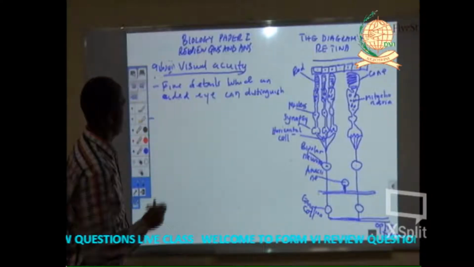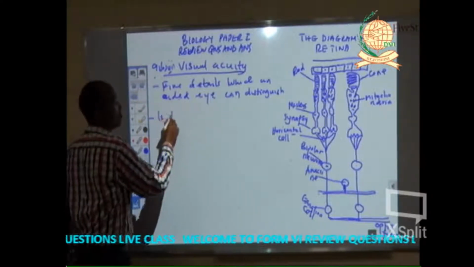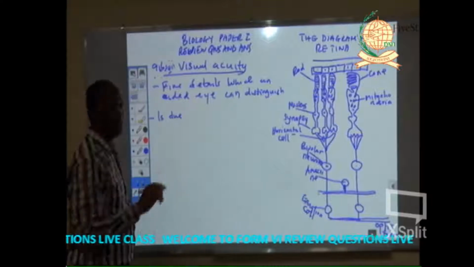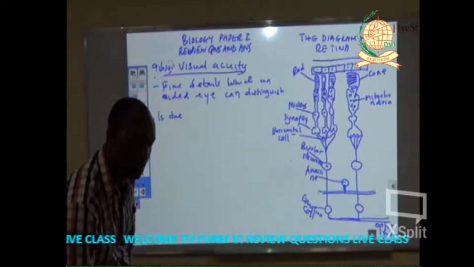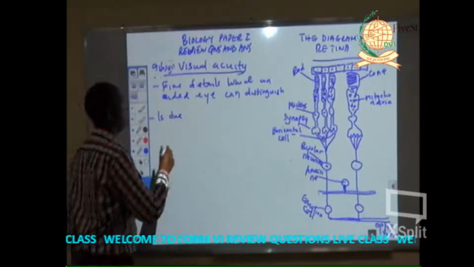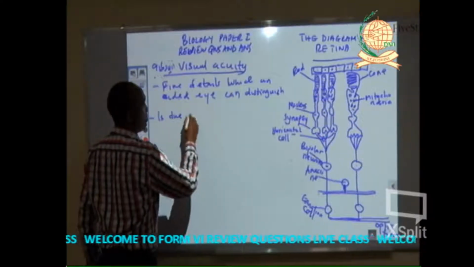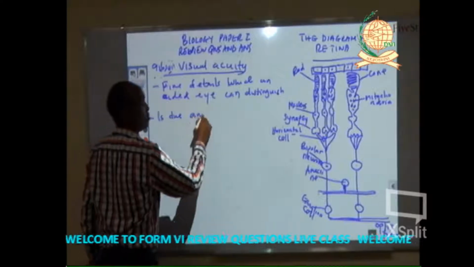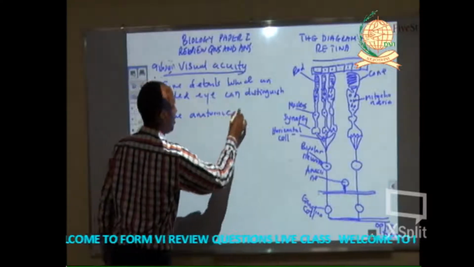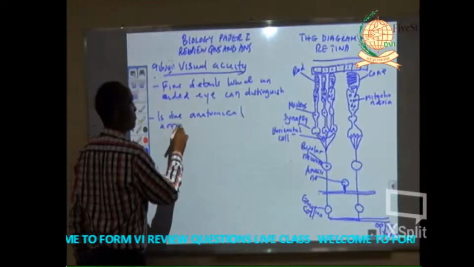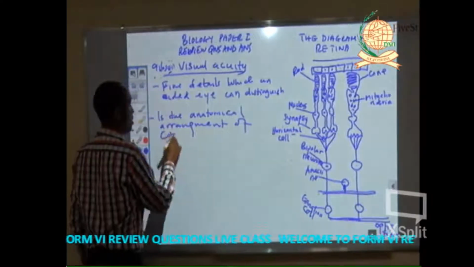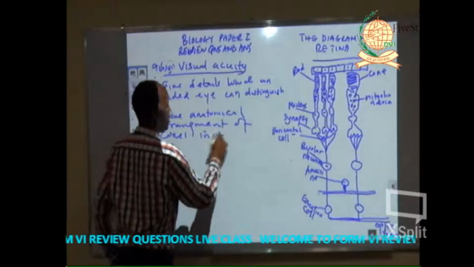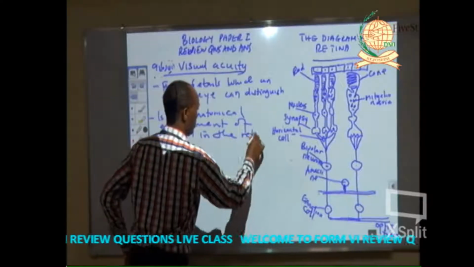This visual acuity is due to the anatomical arrangement of cones in the retina.